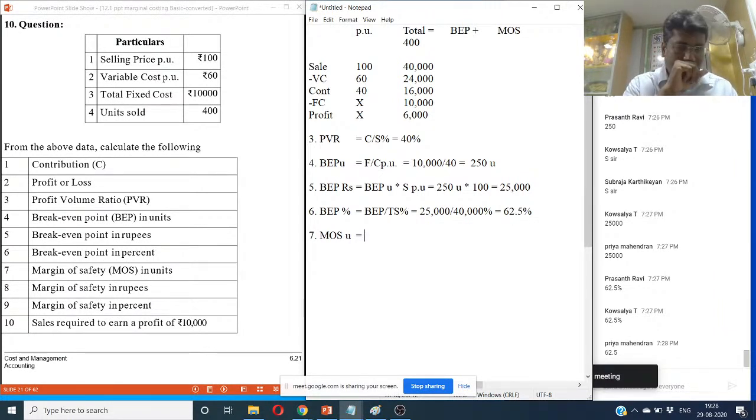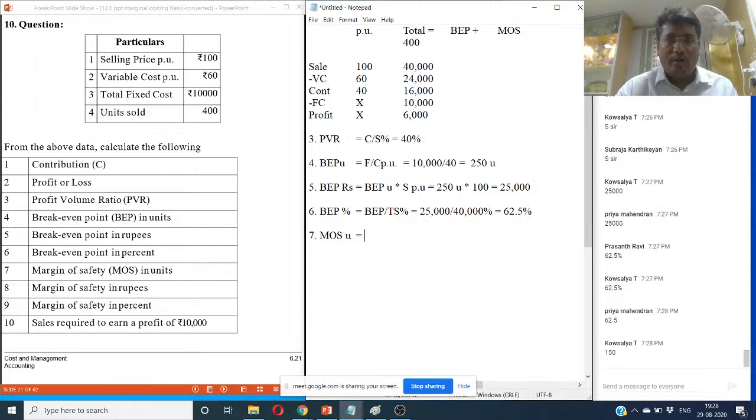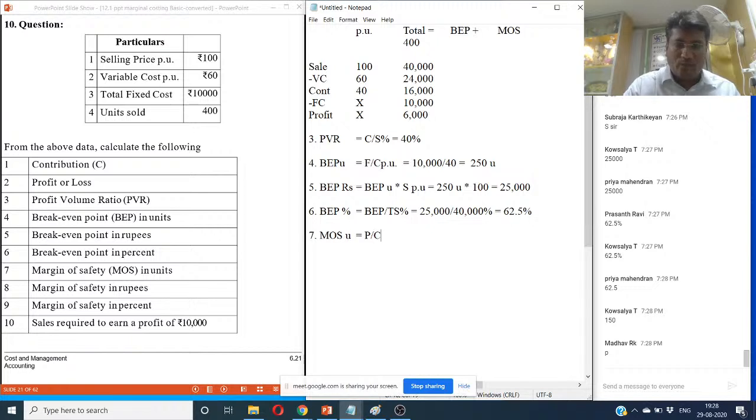How do you get MOS? BEP enna panreengalo adhe dhaan, adhe formula. F irukkira idathula namakku enna vandhudanum, P vandhudanum. So profit divided by contribution per unit. Profit being 6,000, contribution per unit being 40. So the units for MOS being 150. Very good, you got it now.